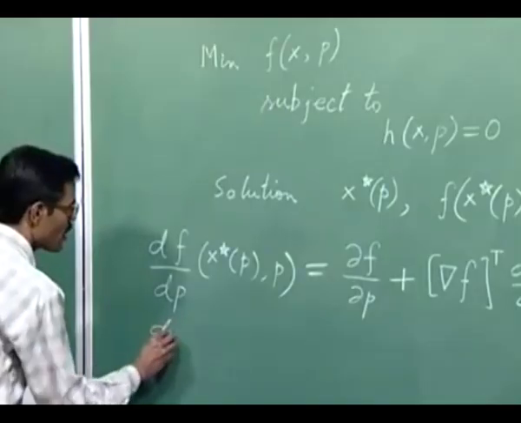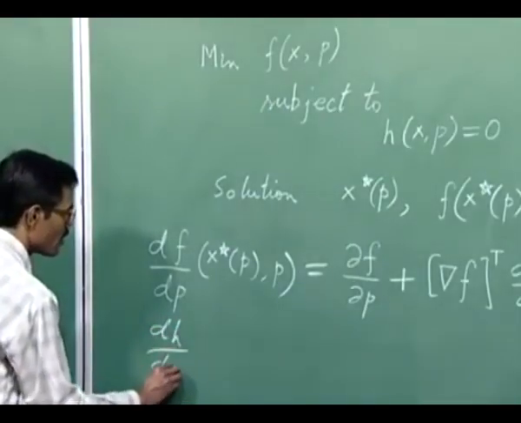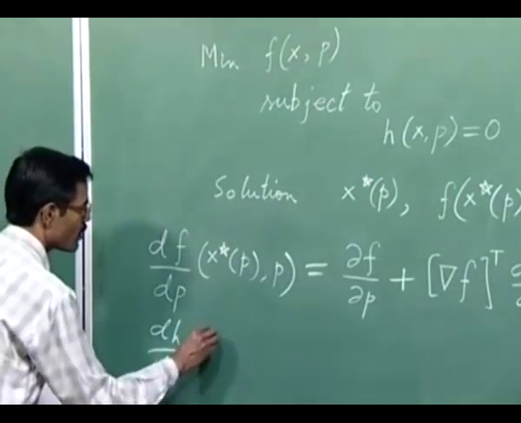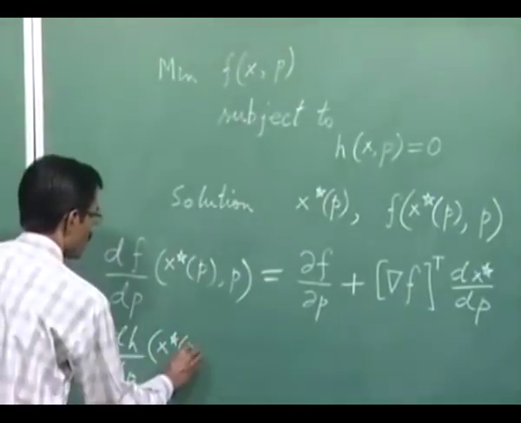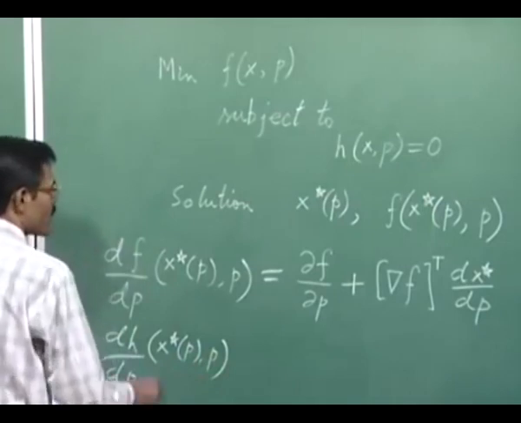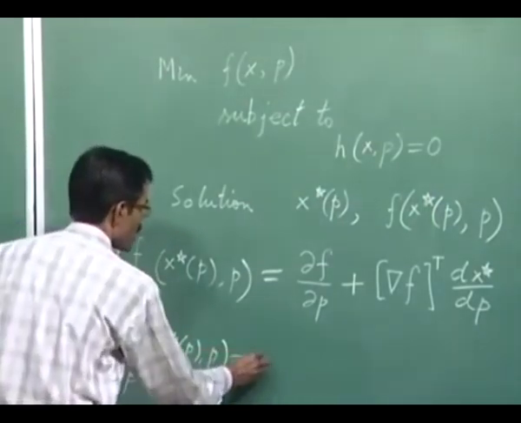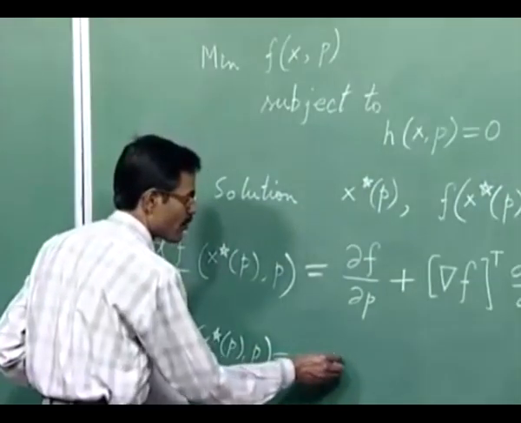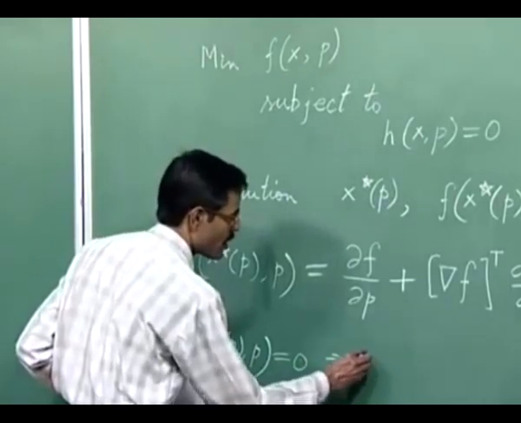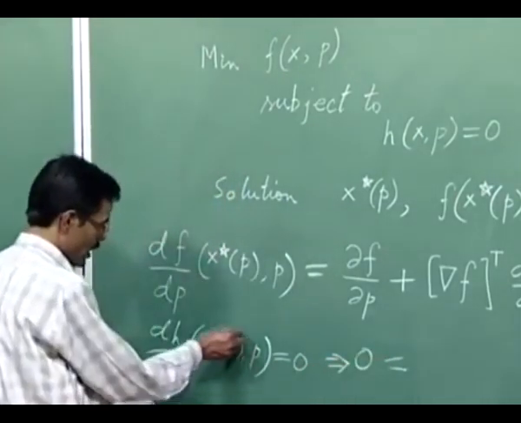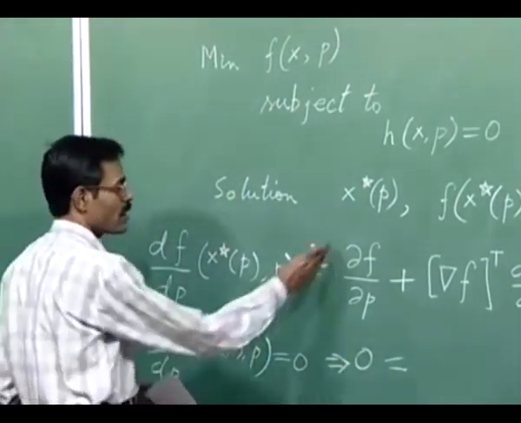That means, dh by dp of this is 0 always. So, that will mean 0 equal to derivative of this we construct in this same manner.